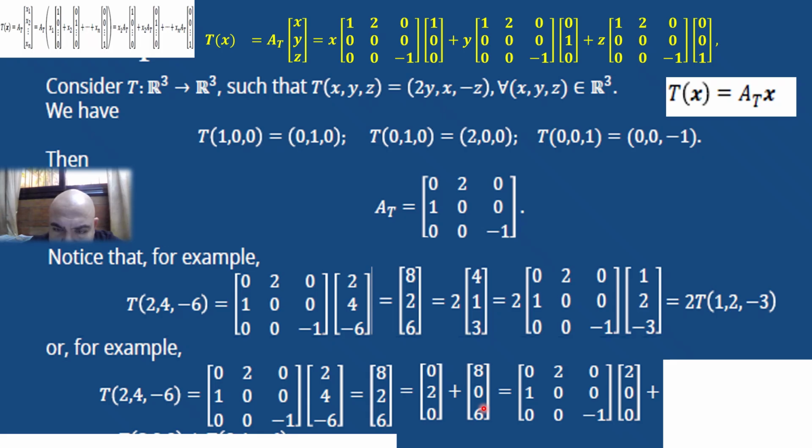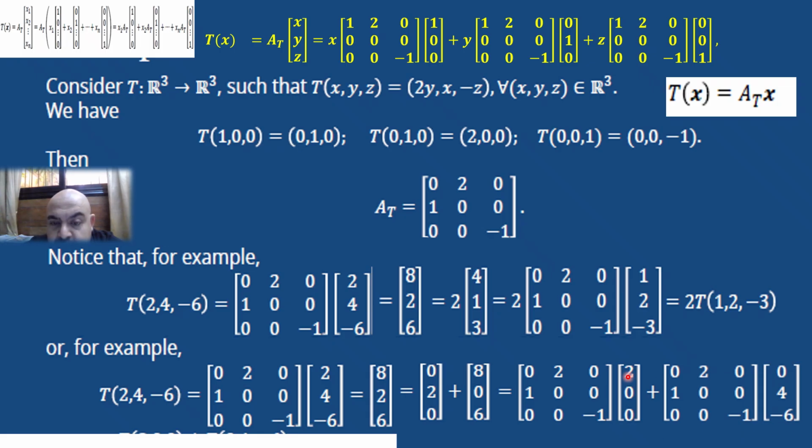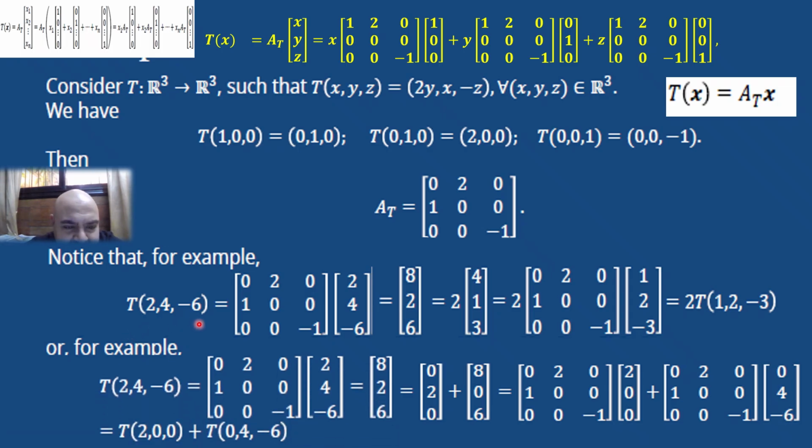Okay, once more, here's the transformation matrix, and that's the input vector. And we did that previously in the last lecture. That's the input vector relative to 8, 0, 6. If you add 2, 0, 0 and 0, 4, -6, you will have your input vector, which is 2, 4, -6, and that completes the proof.